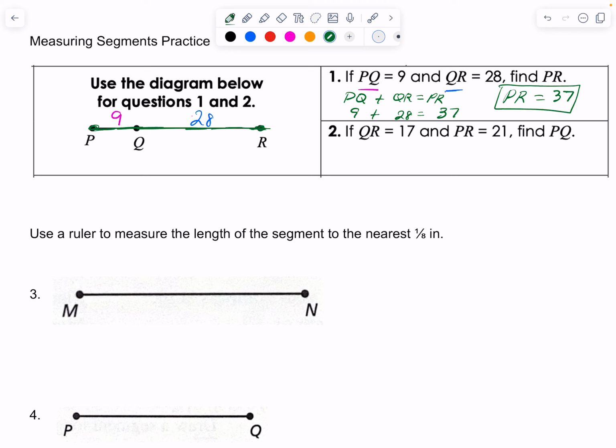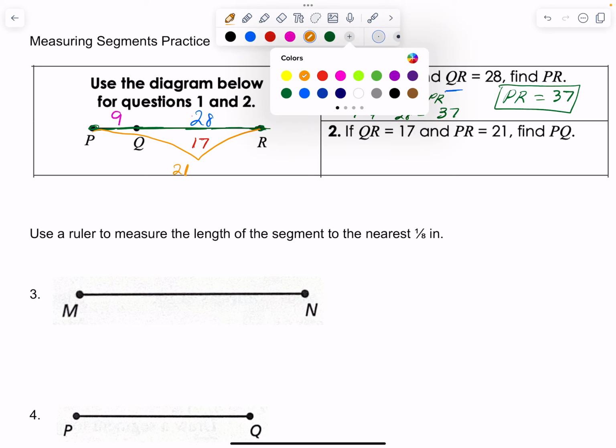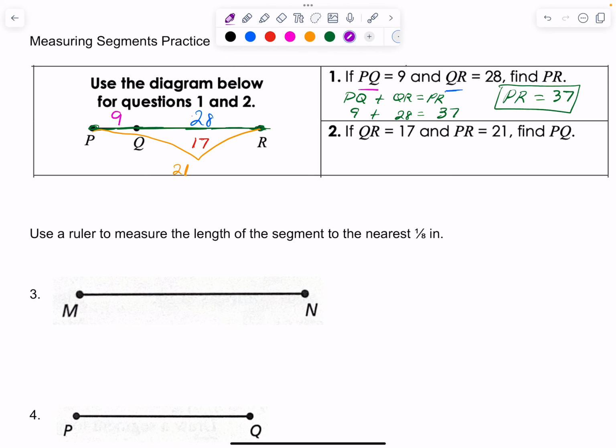Okay, let's do another question. This time I'll write these numbers below. Segment QR is 17. But this time they're giving us PR, which is the whole thing. The whole thing is 21 units. And they're asking us to find, let's use purple, segment PQ, the length of that one.